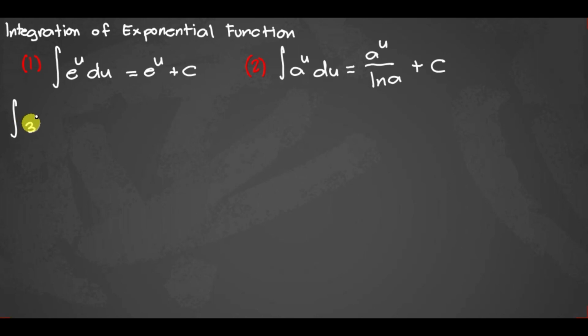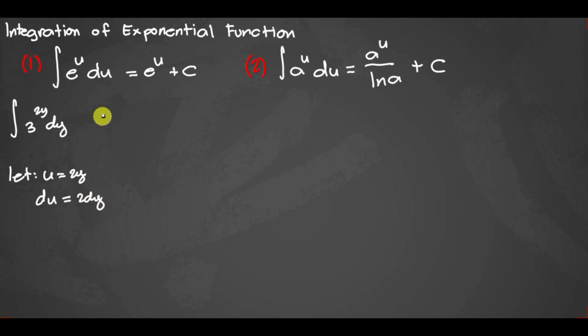Now, we have another example that we need to evaluate: the integral of 3 raised to 2y dy. You can pause this video and answer the question. You will notice that this is similar to our second formula, so our goal here is to have this kind of answer. We can let u be equal to 2y. Taking the derivative of our variable u, du is equal to 2 dy.